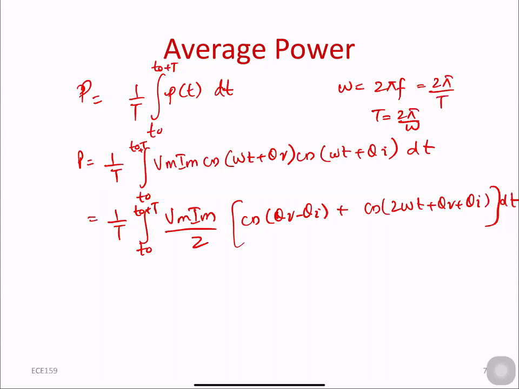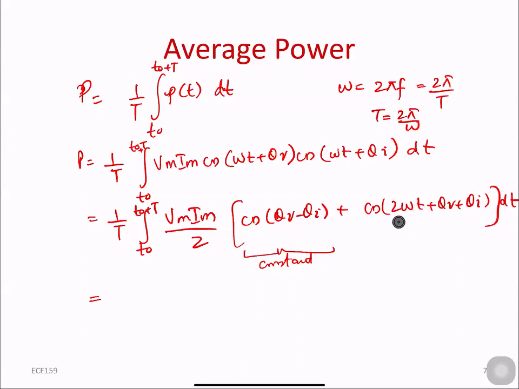Now we have to see how we will average this out. Again, you see that this first term is a constant. The average of a constant is the same constant. However, the second term is sinusoidal.